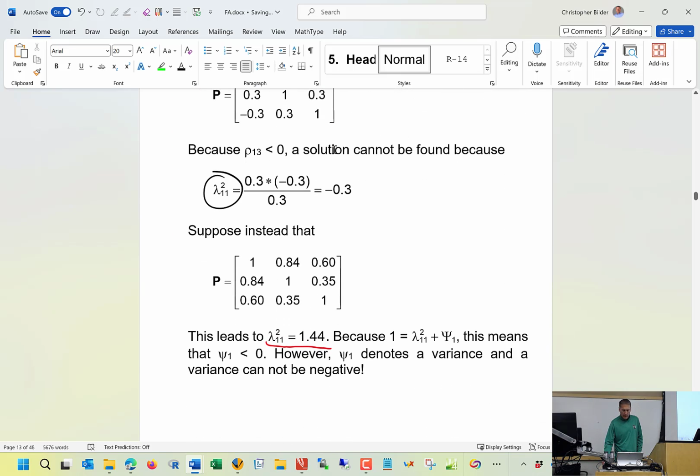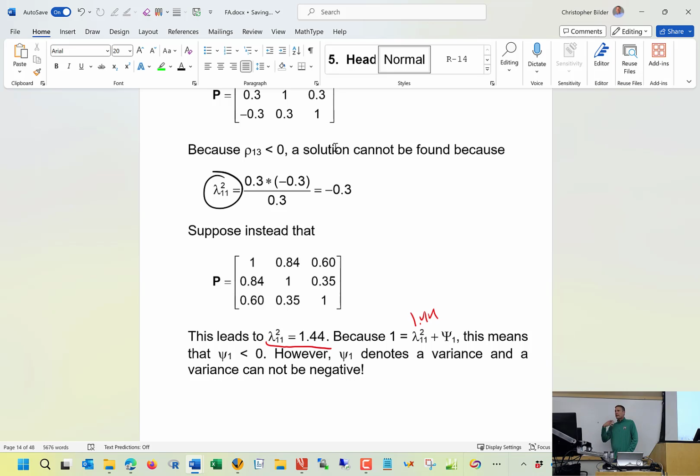So what you could do is simply put in that 1.44 there. Psi 1 then would have to be negative 0.44. But psi 1 is a variance. You can't have a negative variance. So now we have another problem here.